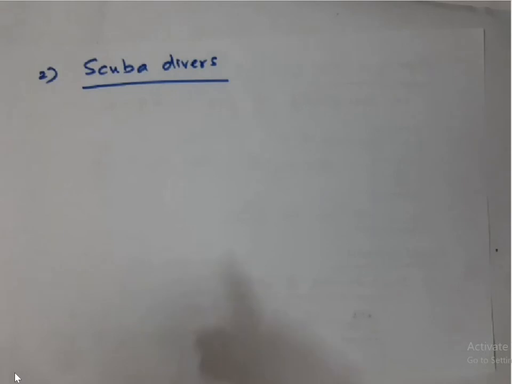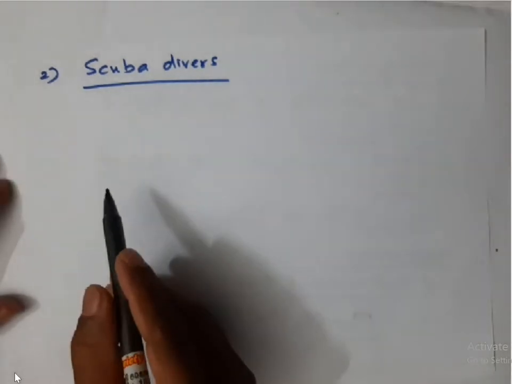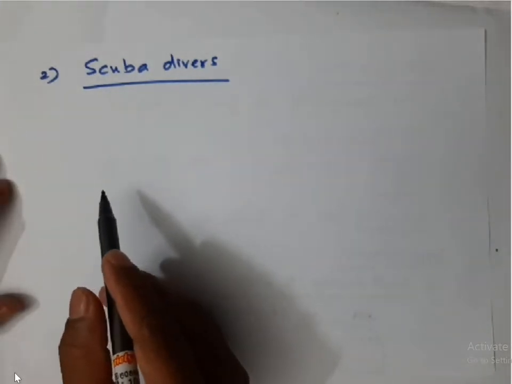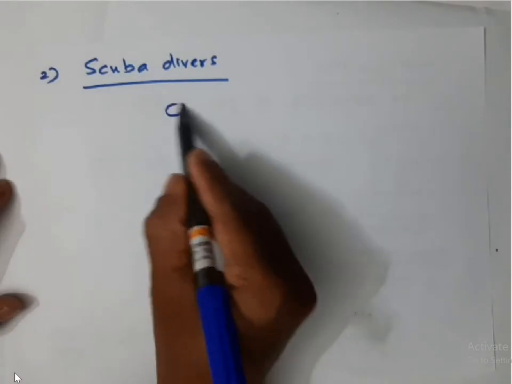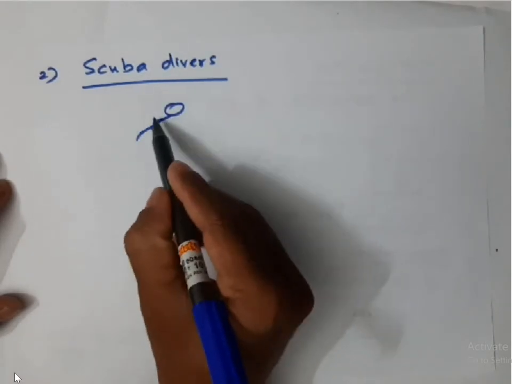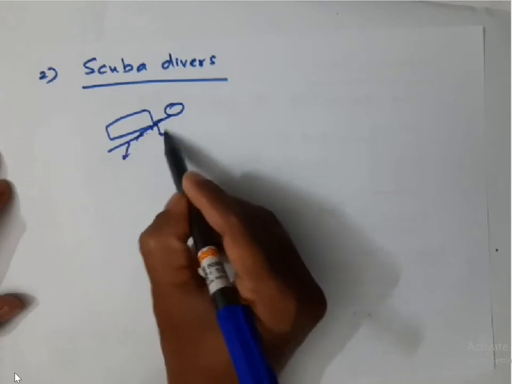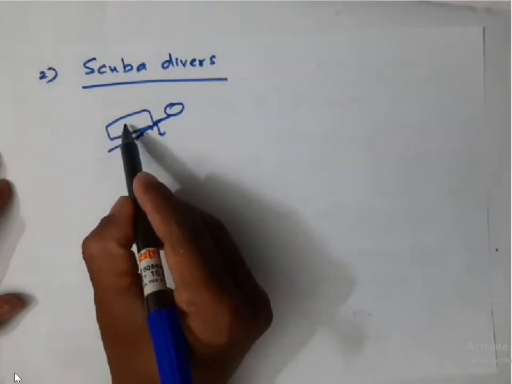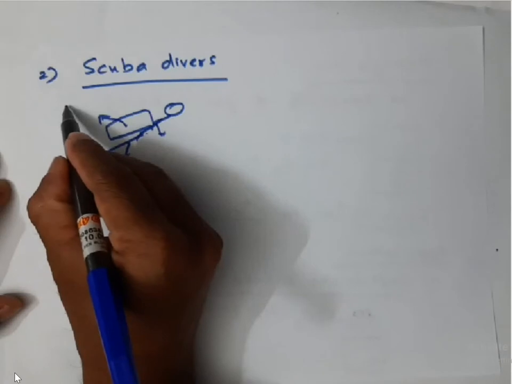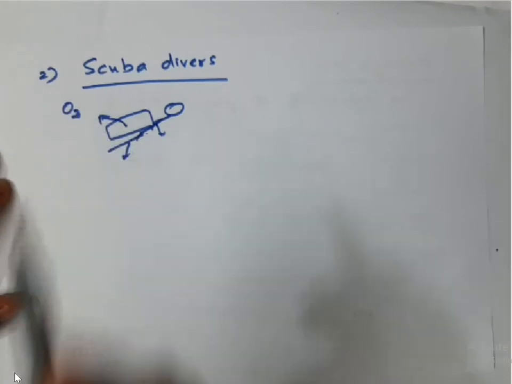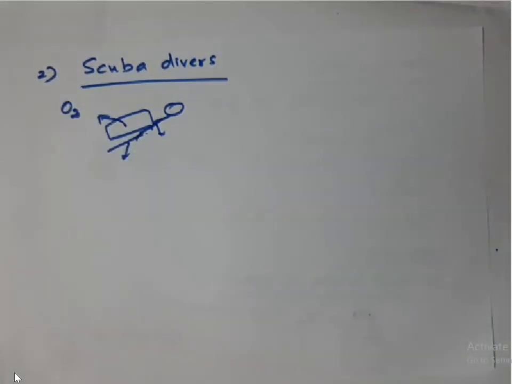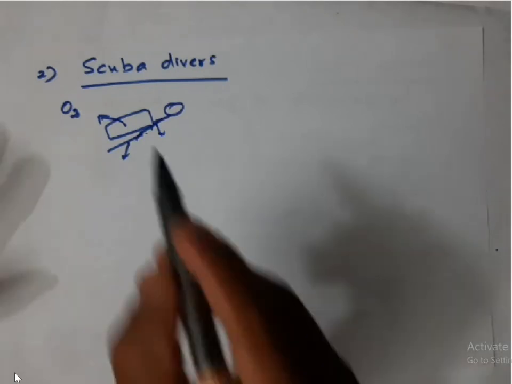Not pure oxygen, because oxygen density is high. Just assume we have a person carrying a gas tank, and that gas tank consists of oxygen. But the problem is when they go deep inside water.